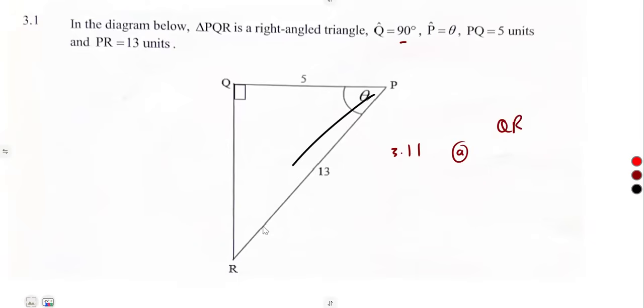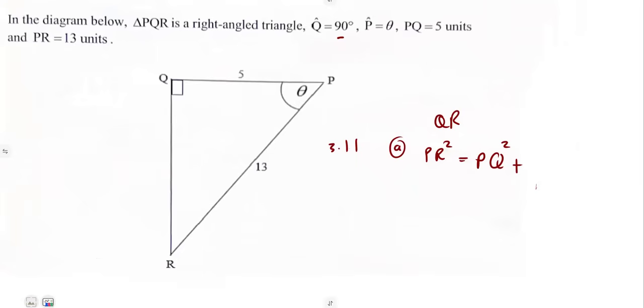Remember that the hypotenuse squared, which is PR squared, is equal to the sum of squares of the two shorter sides, which is PQ squared plus QR squared.